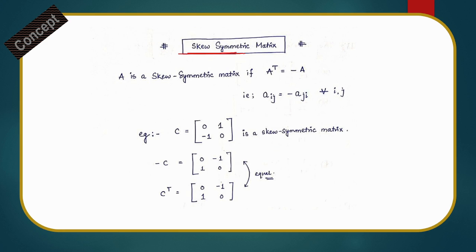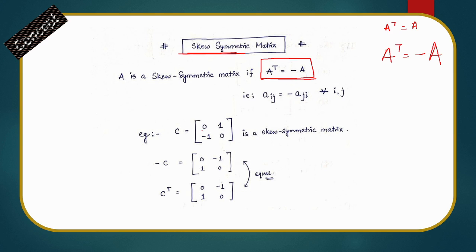What is a skew symmetric matrix? For a skew symmetric matrix, this is the condition, A transpose equal to minus A. For a symmetric matrix, we have seen A transpose equal to A, and for a skew symmetric matrix, A transpose equal to minus of A.